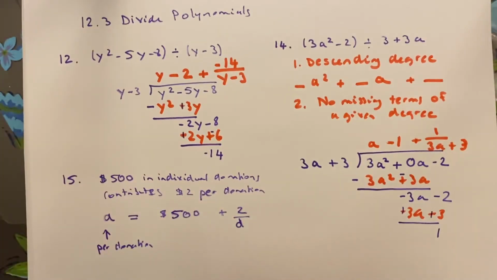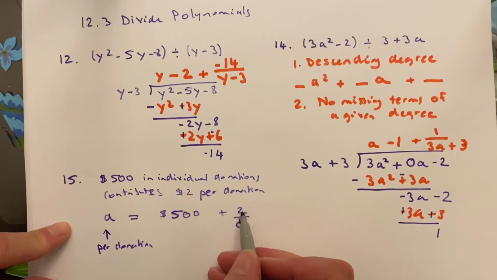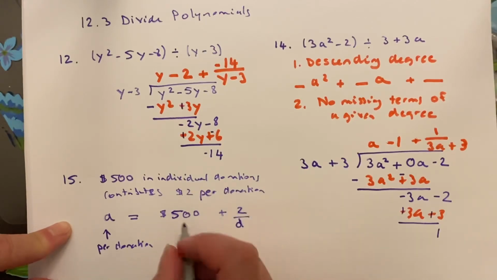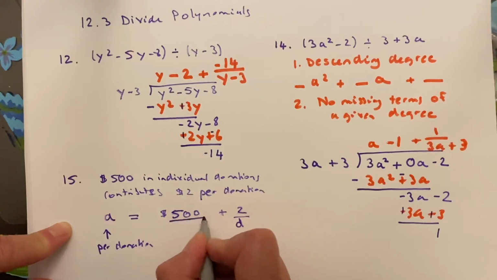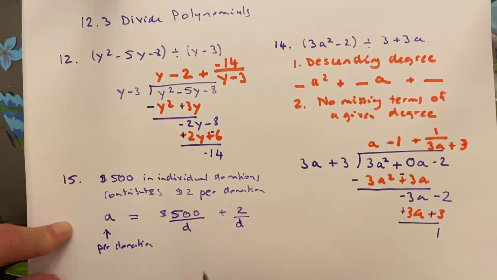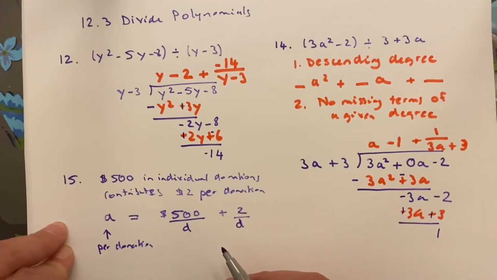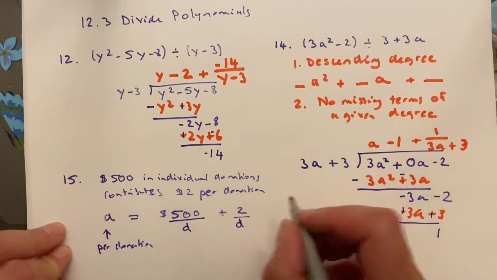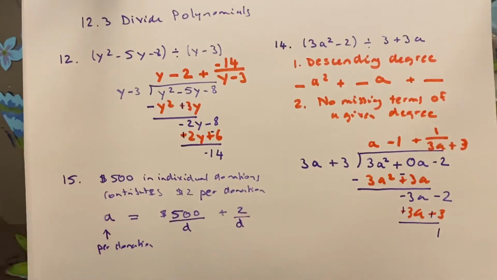And so we know that this $2 is already per donation, so we can leave it. But this is not. And so we need to divide it by all the donations in order to get the correct amount. Now you could choose to leave the equation this way, or you could also choose to combine this equation.